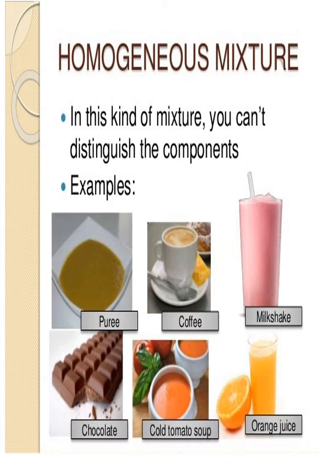Kaya you cannot distinguish the mixture that you have added into the coffee. So you have some examples of homogeneous mixture here. You have milkshake, orange juice, tomato soup, chocolate, and others.